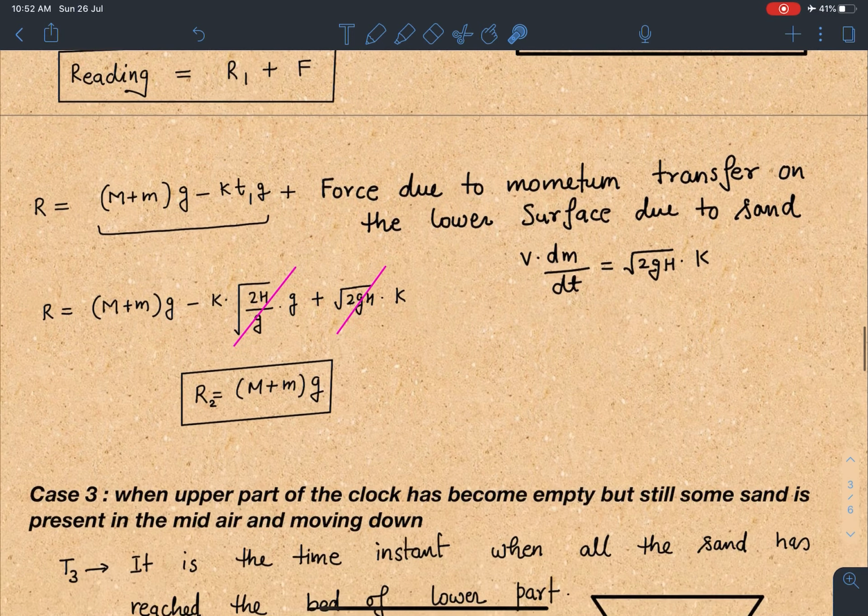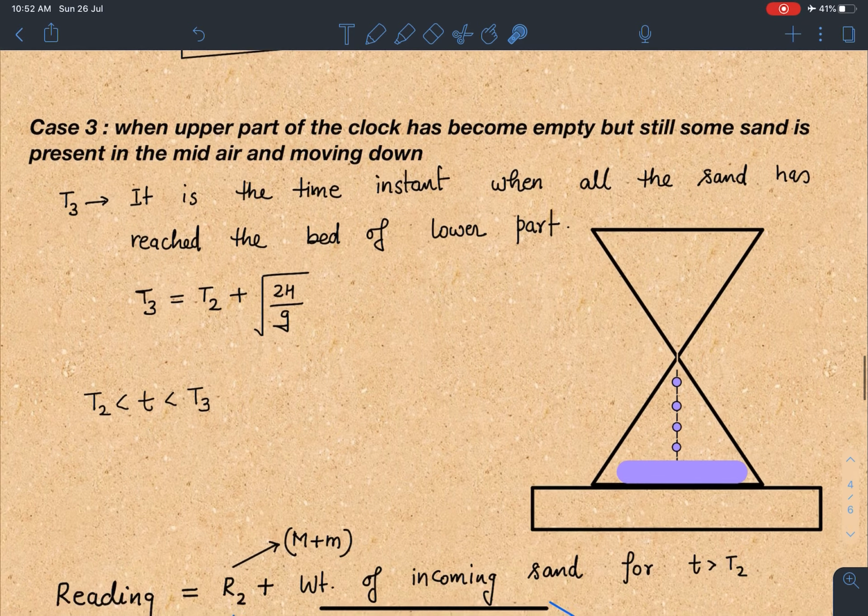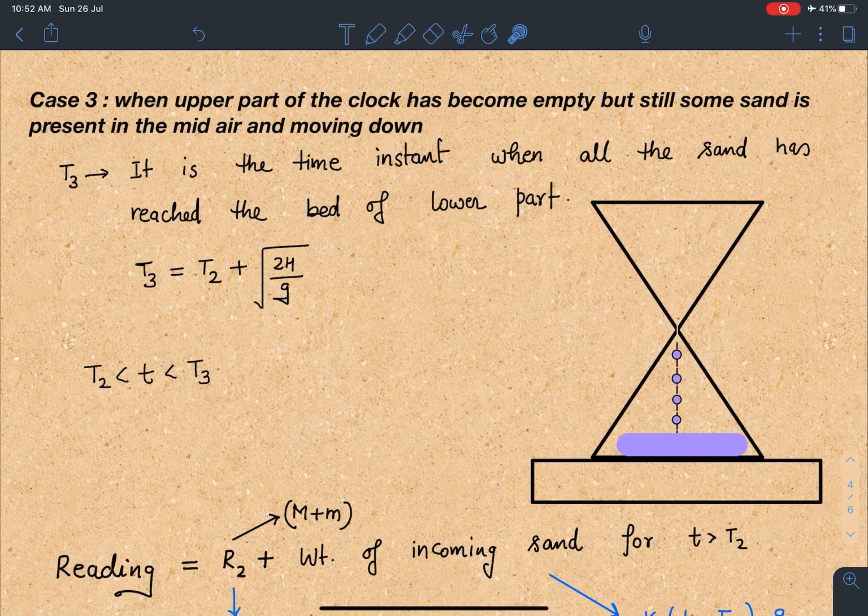However, one more thing is going to happen. Case 3 I am writing. When the upper part is completely empty now, and these last few sand particles are traveling down, they are falling. Already some part is present here. So due to this part, now we have to see how much change in momentum will come.